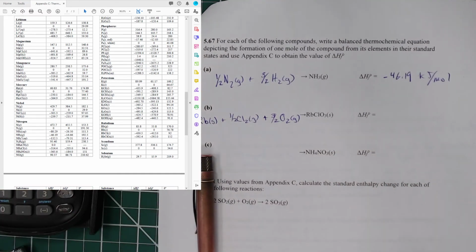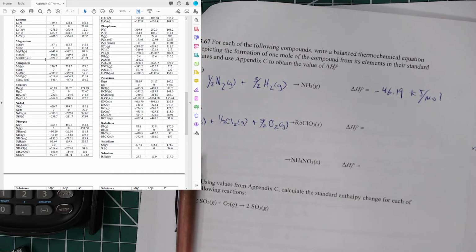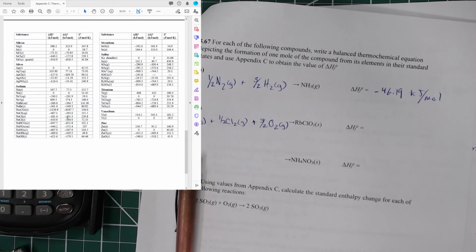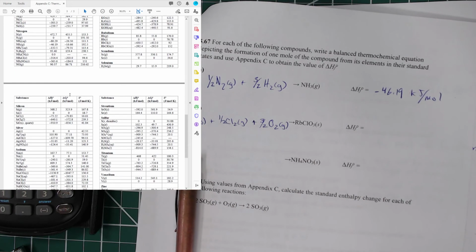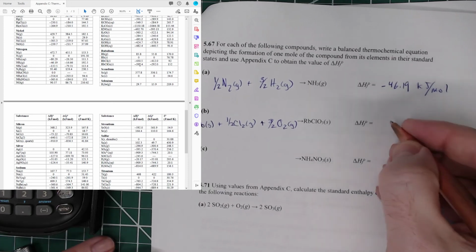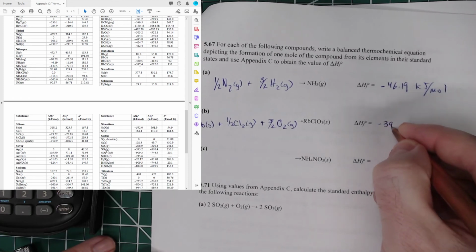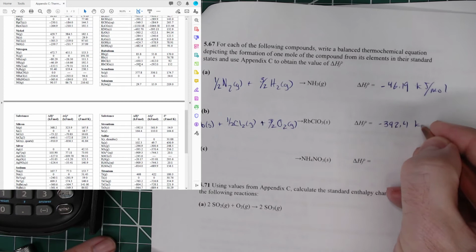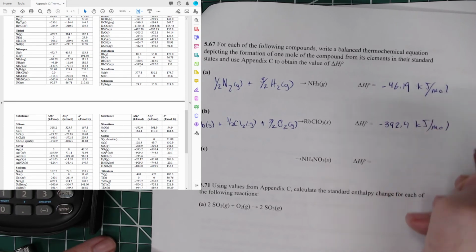Now, I'll come over here and we'll scroll over to rubidium. There it is, rubidium chlorate. And you'll see the number there is negative 392.4 kilojoules per mole.